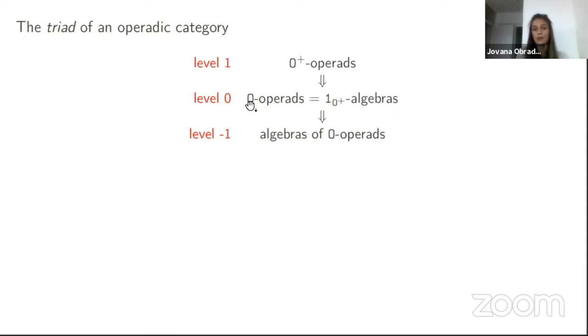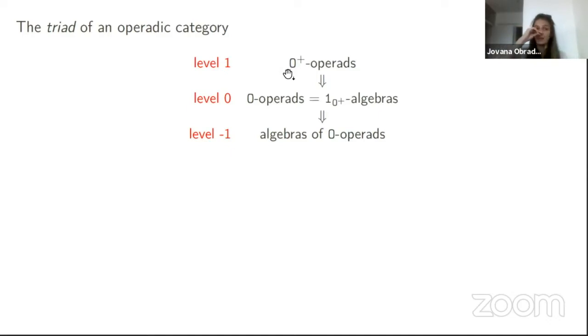So here at level 0, we have operads for an operadic category O, whatever they might be, okay? And then at level -1, we have algebras for these operads. But it turns out that O-operads themselves can be seen as algebras, namely as algebras for the terminal operad in the plus construction of O, which is an operadic category that we put at level 1.